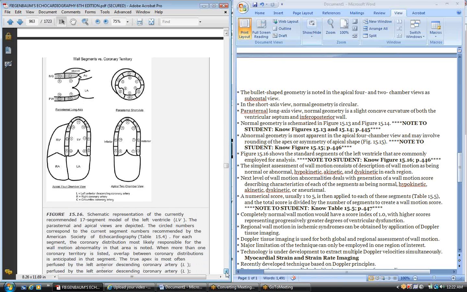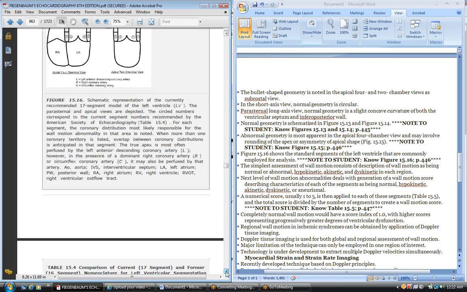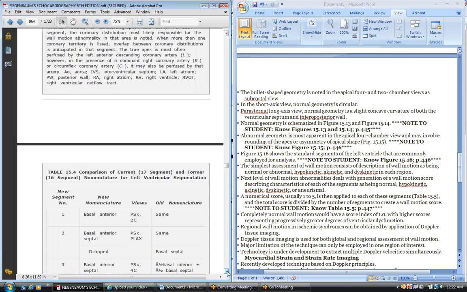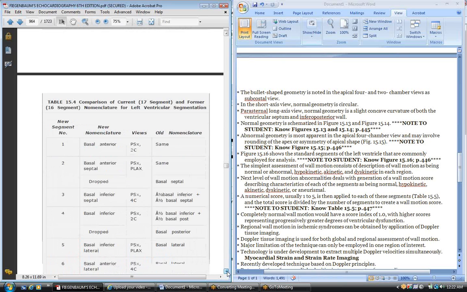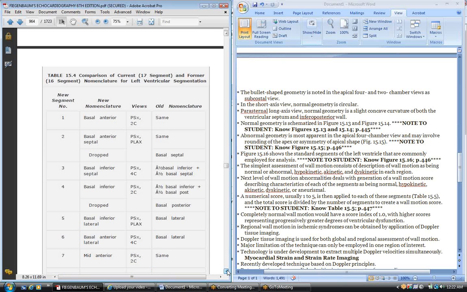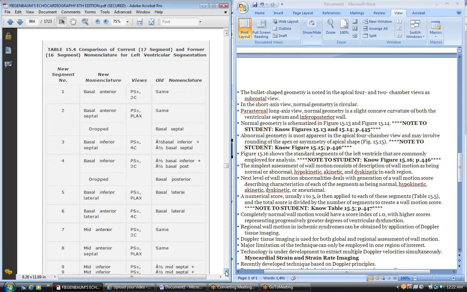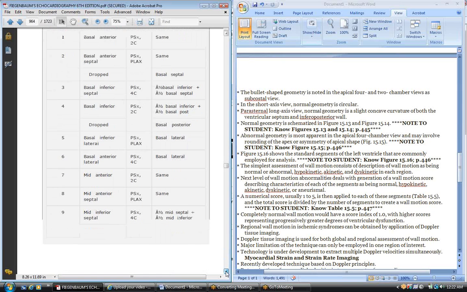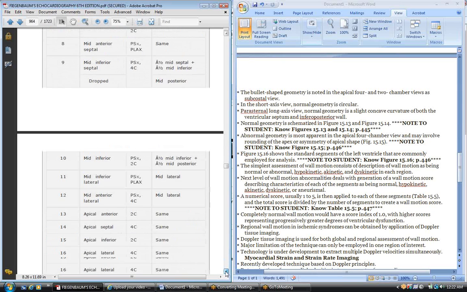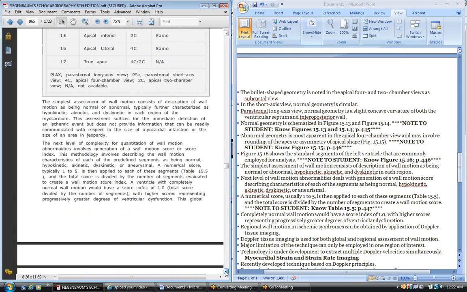You'll see these specifically on stress tests, where you would actually have a wall motion score. Table 15-4 tells you the different segments and what they're referred to as. For example, number 3 is the basal inferior septal area. Let's go down to table 15-5.